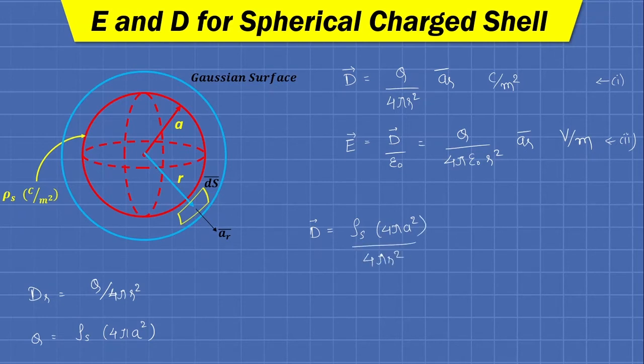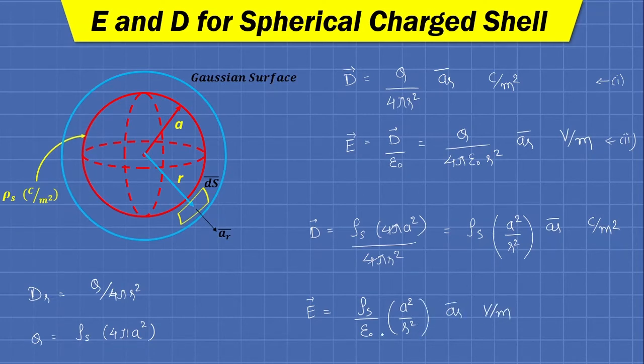So D bar can be written as rho s into a square upon r square ar bar, coulomb per meter square. Similarly E bar can be written as rho s upon epsilon naught into a square upon r square ar bar, volt per meter.